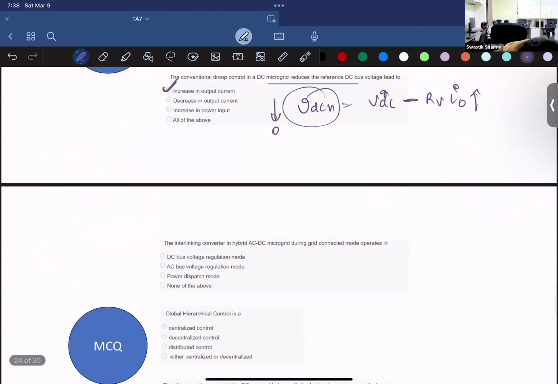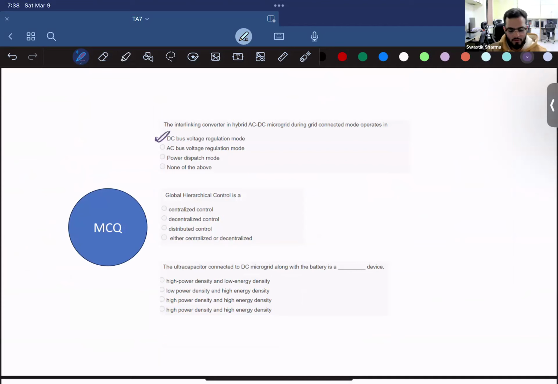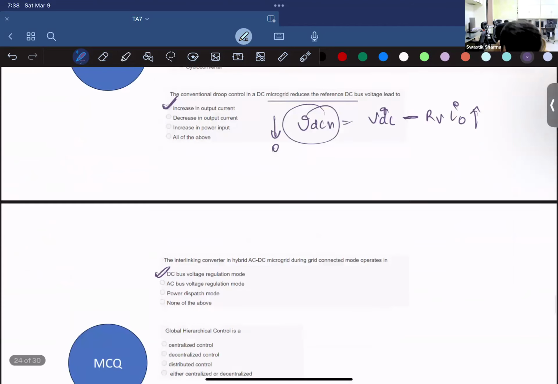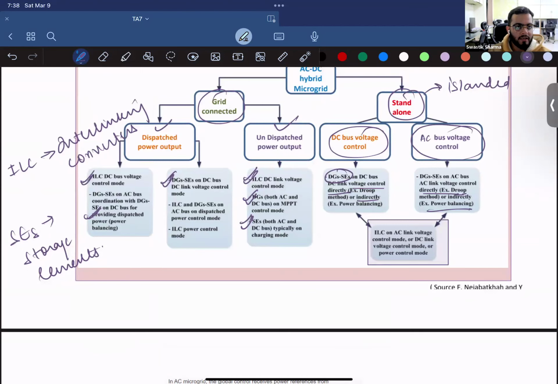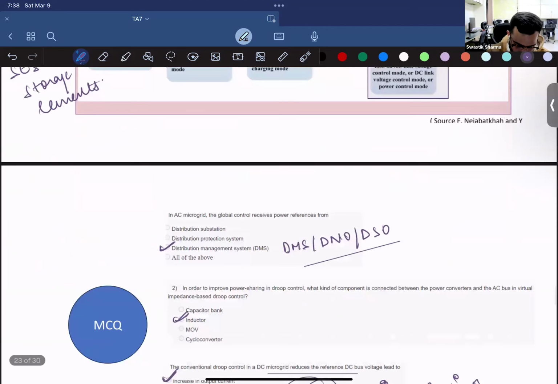So only for DC bus voltage regulation mode, it's doing it. So as you can see, ILC only is used to maintain the DC bus voltage. Here it works in power control mode, but here it works in DC link voltage control mode. So the answer is A.